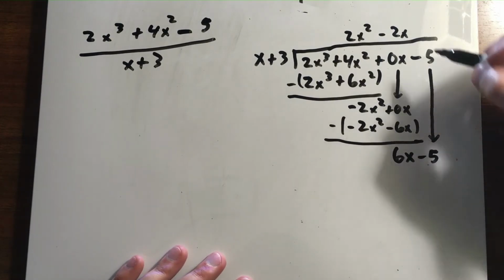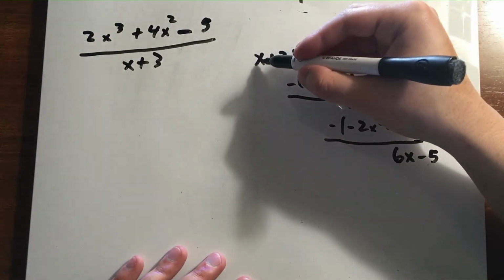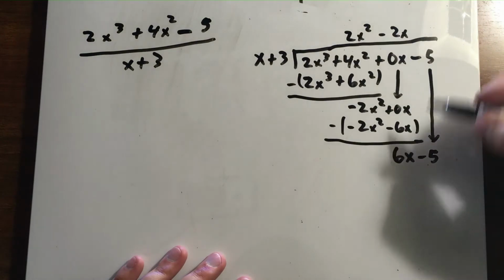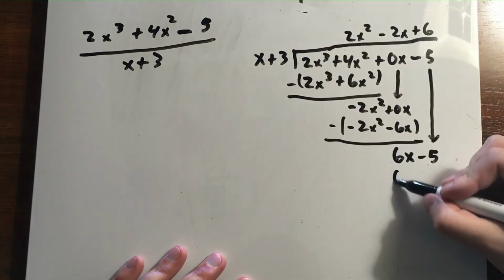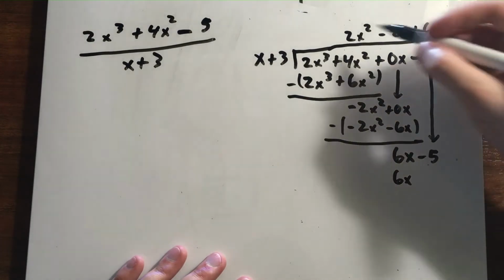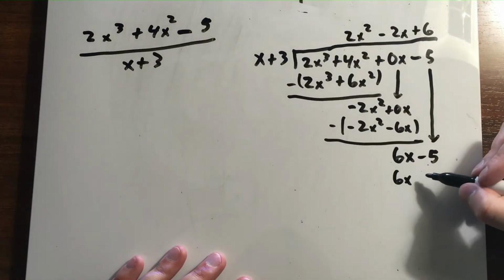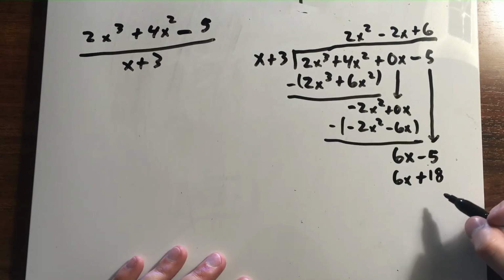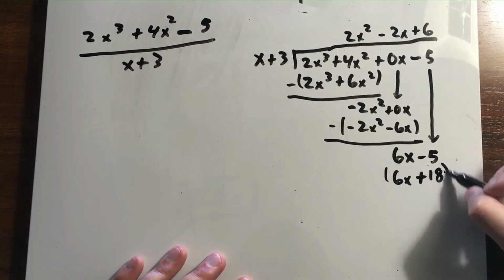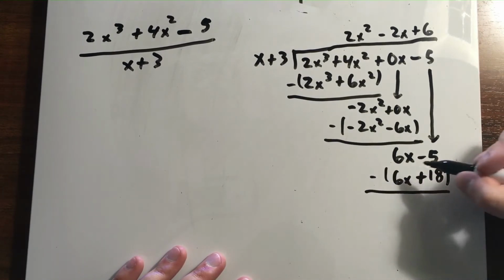6x minus 5. What can we put up here that when multiplied by x will give us 6x? We can put 6. 6 times x is 6x. 6 times 3 is 18. In parentheses, subtract.